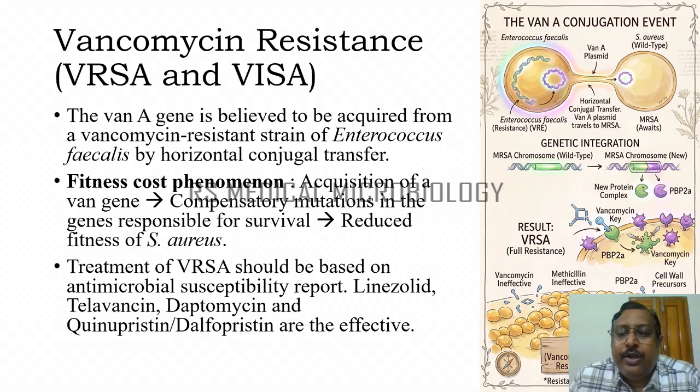There is a concept called the fitness cost phenomenon. That is, when these kinds of newer genes are incorporated, some genes are slowed down, and this will slowly reduce the fitness of the bacterium as well. The treatment should be completely based on the antimicrobial sensitivity report. You can think about linezolid, telavancin, daptomycin, which can be effective.